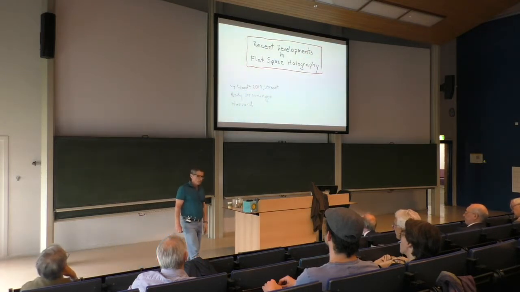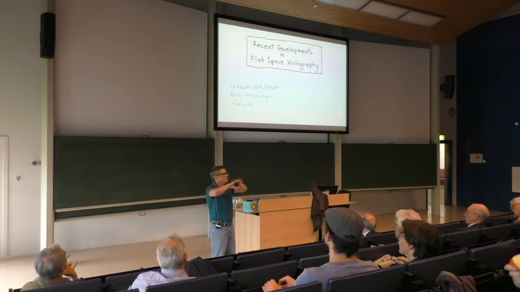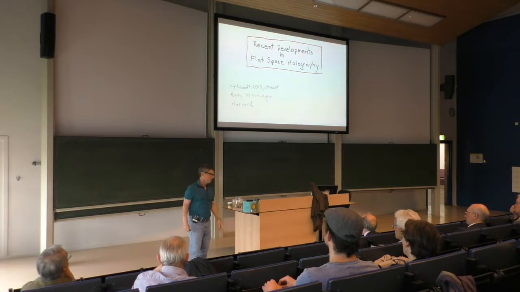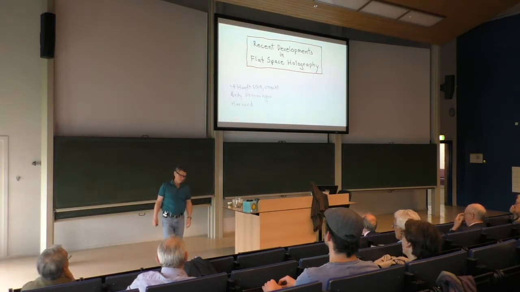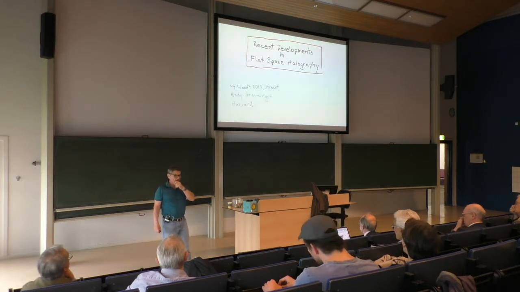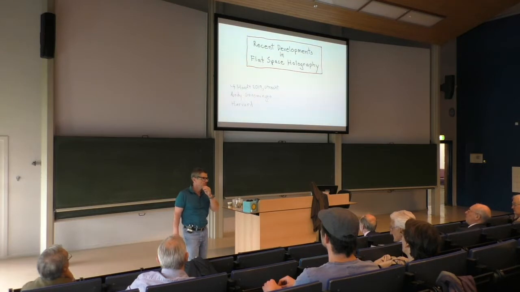And I am going to be trying to describe it in terms of a theory which lives on a boundary, but it's not quite what you would usually think of as the boundary of Minkowski space. And also, I'm not going to try to describe it in a fully diffeomorphism invariant way.